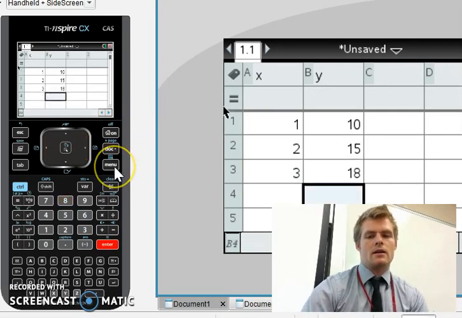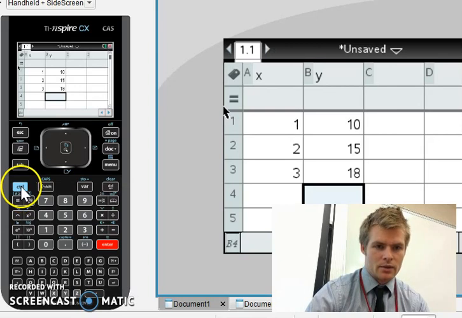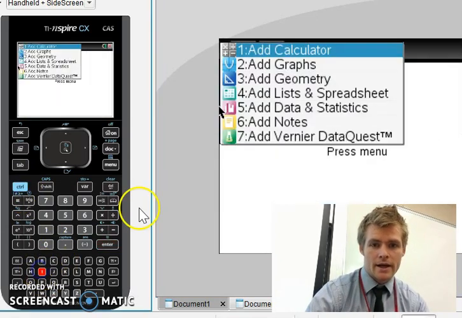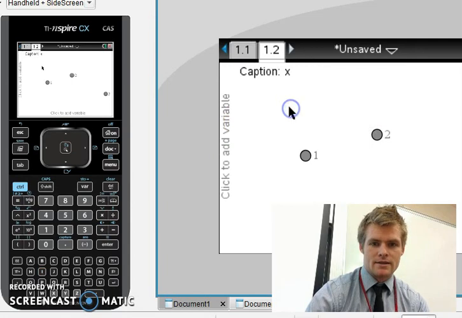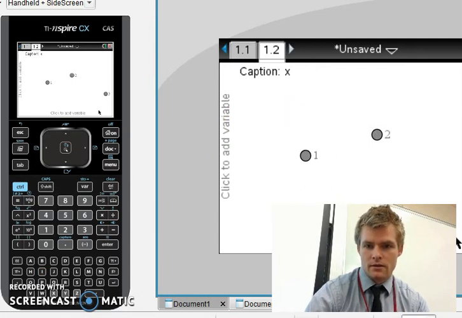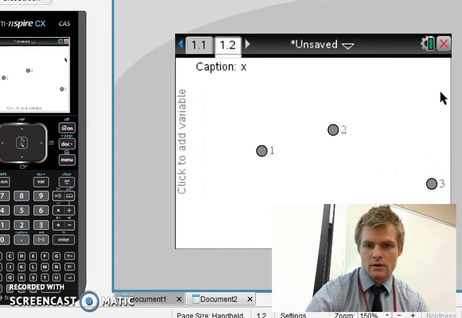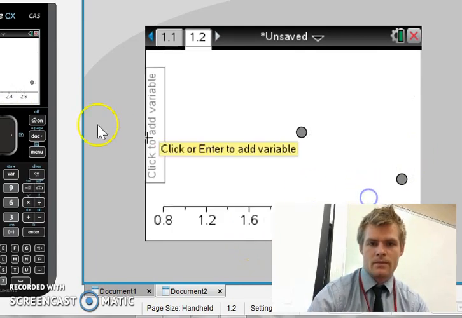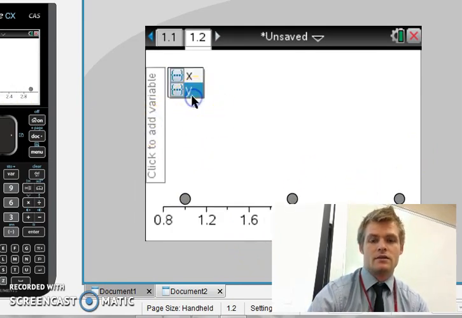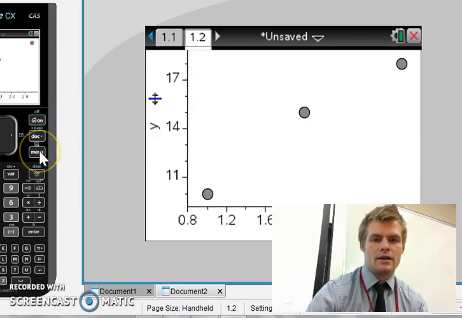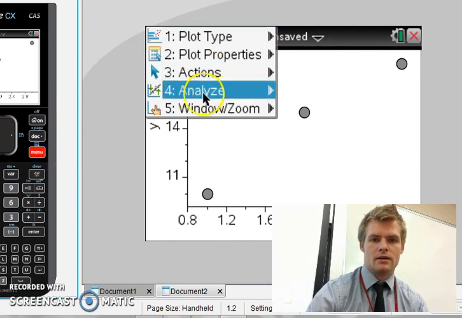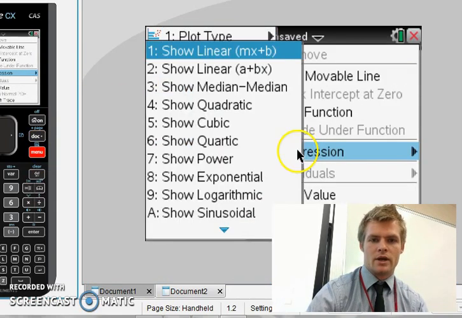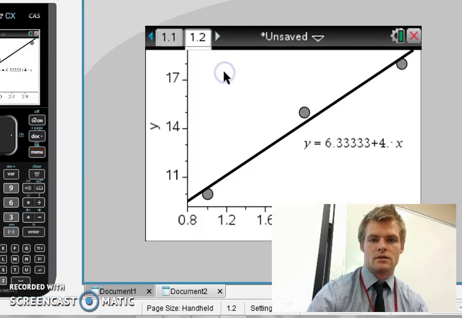To get a scatter plot, we go Control I, add data and statistics, and then we put explanatory on the bottom and response on the Y. And to get the linear regression equation, we do this.